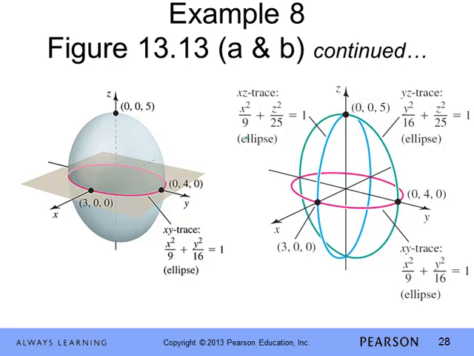Here's an example of an ellipsoid. The equation is z equals x squared over 16 plus y squared over 4.